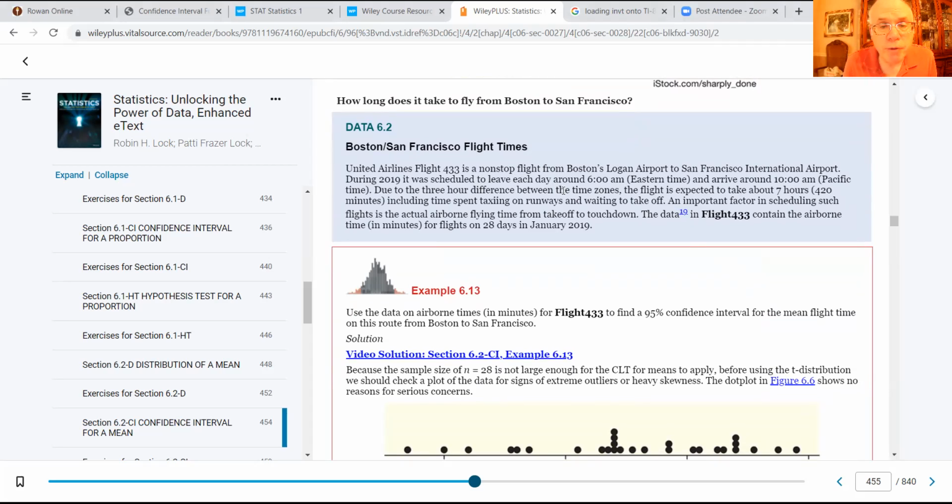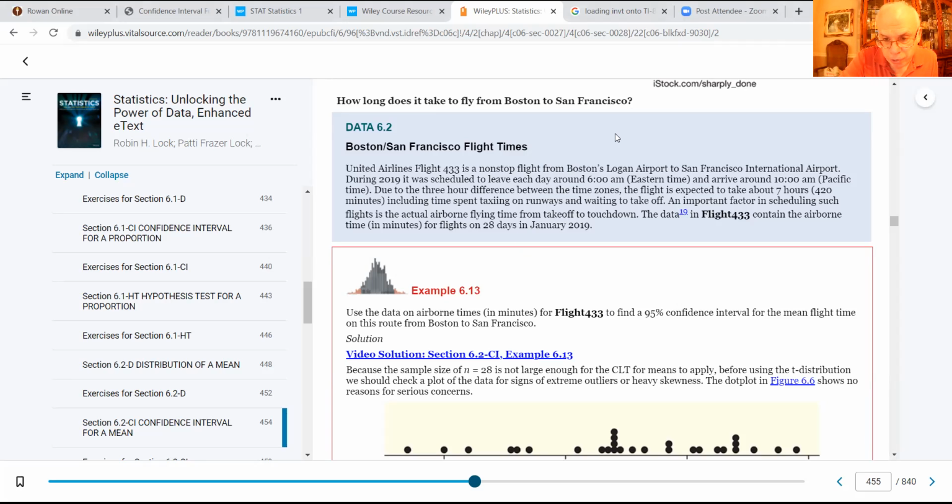Due to the 3-hour difference between the time zones, the flight's expected to take about 7 hours, 420 minutes, including time spent taxiing on runways and waiting to take off. An important factor in scheduling flights is the actual airborne flying time from takeoff to touchdown. The data in flight 433 contain the airborne time in minutes for flights on 28 days in 2019.